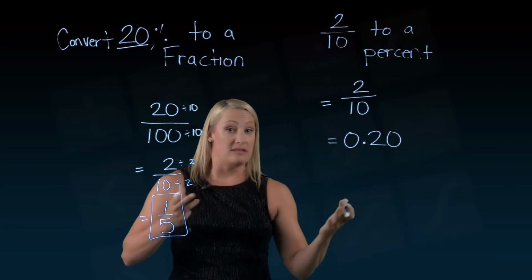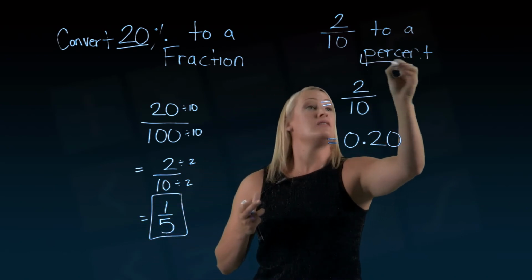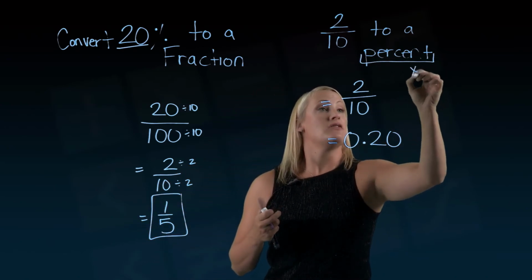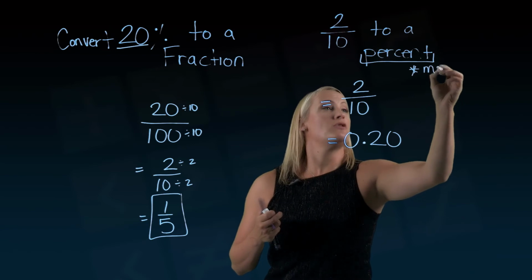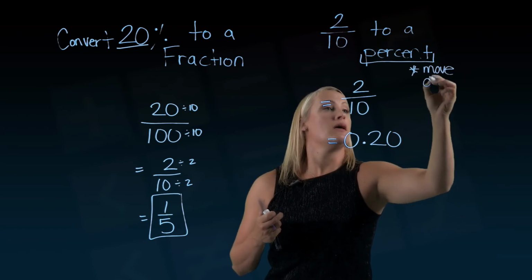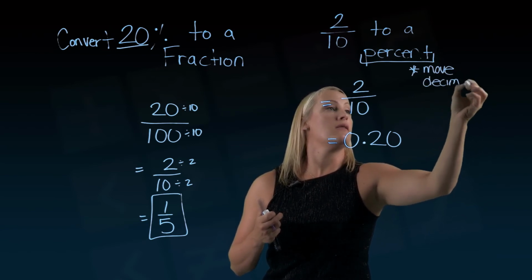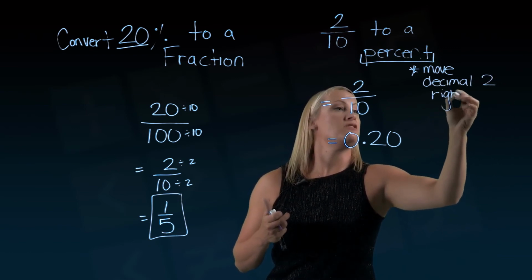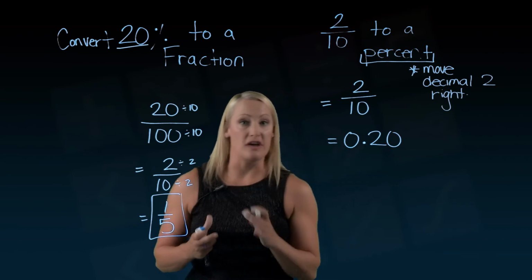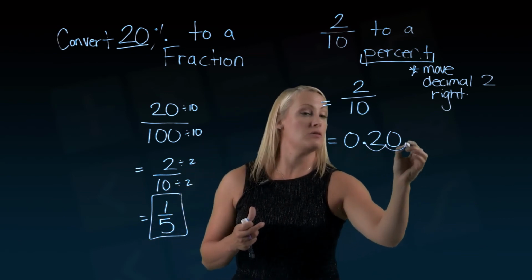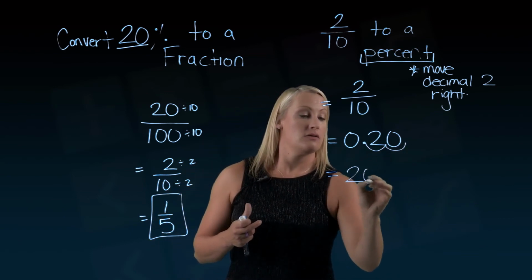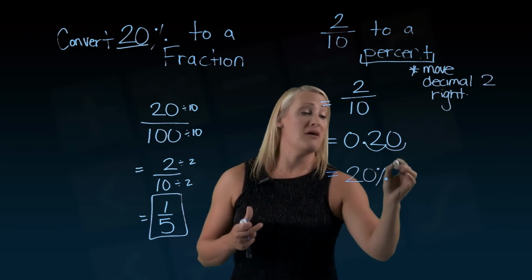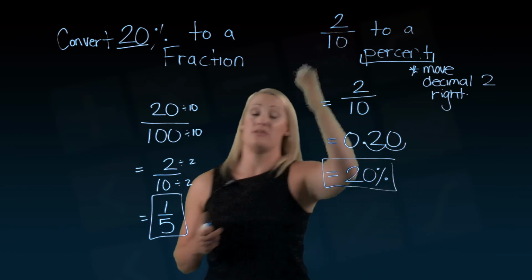There's my value as a decimal, but if I want to know what that is as a percent, I'm going to move the decimal 2 to the right, because just like our last example, we're going from decimal to percent. So I get 20%.